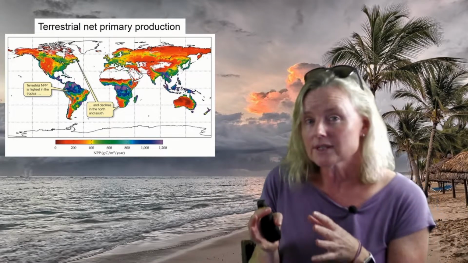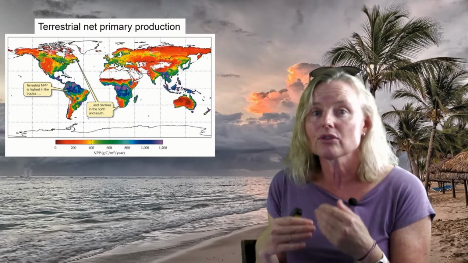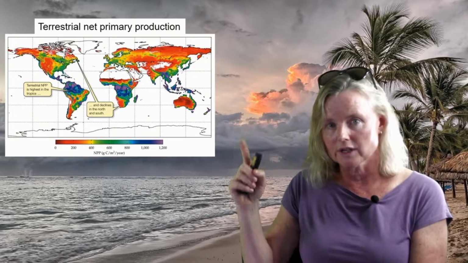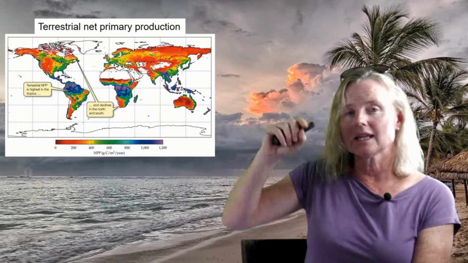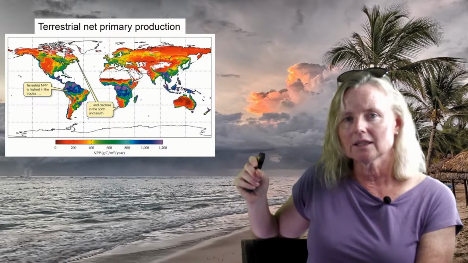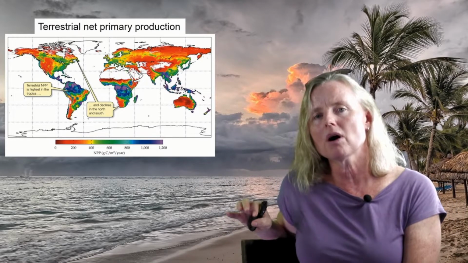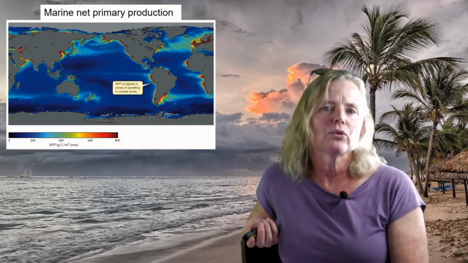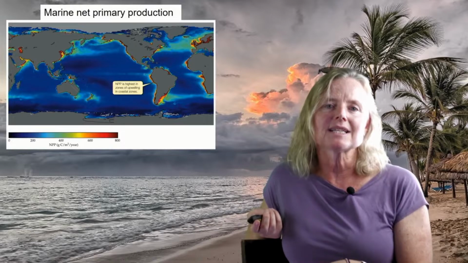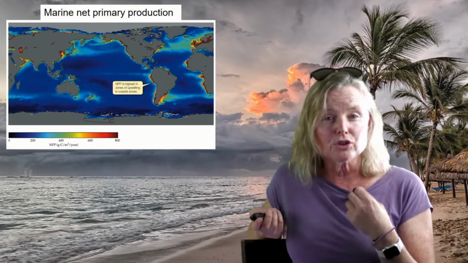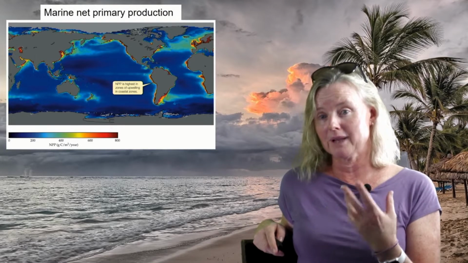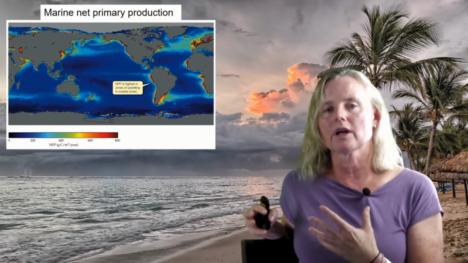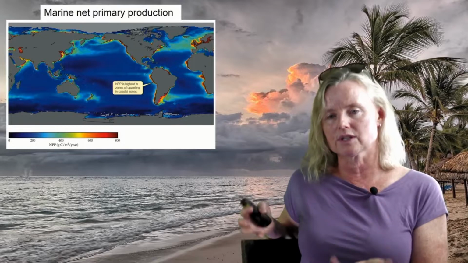In terrestrial systems, there's generally a higher level of primary productivity in the tropical regions, indicated here by the blue shading, and there's a decline towards the poles that's indicated here by the red shading. In marine systems, though, remote sensing of photosynthetic pigments, predominantly produced by phytoplankton in the water, highlights that the majority of the primary production is occurring along the coastlines.